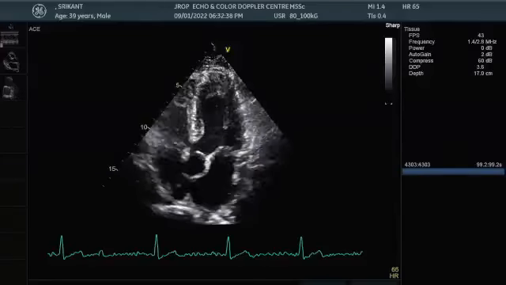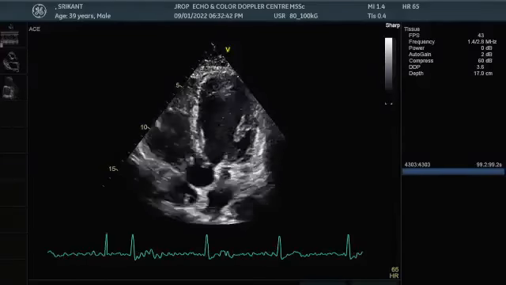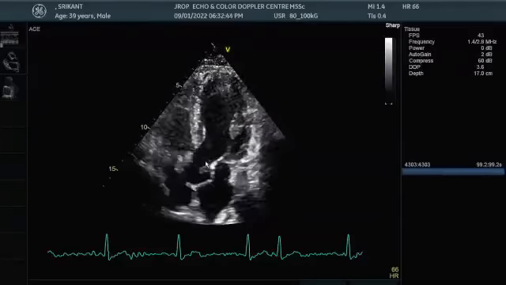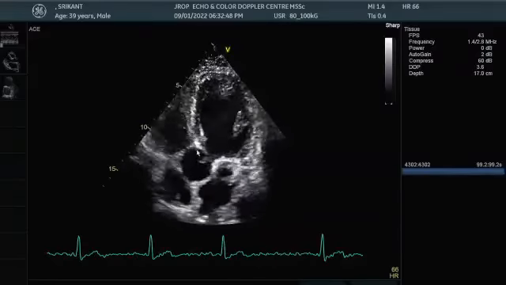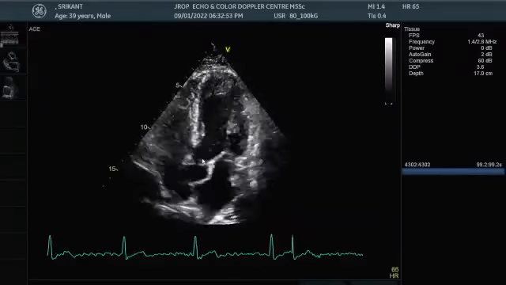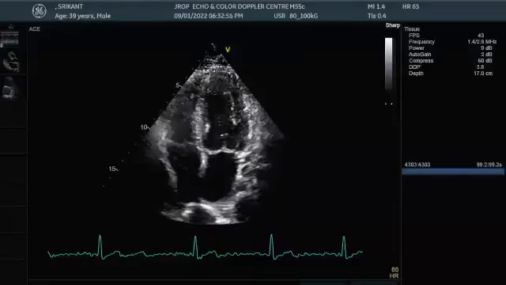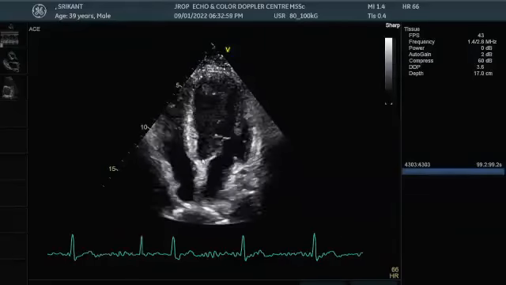If our footprint looks towards the aorta, what do we get? We get the aortic valve. And this wall, which was septum earlier, now becomes the anterior septum. This view is very good for looking at aortic valve gradients. So this is the first window where we look at aortic valve gradient.